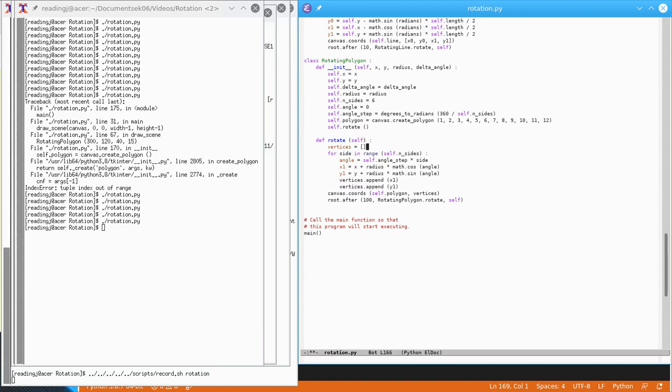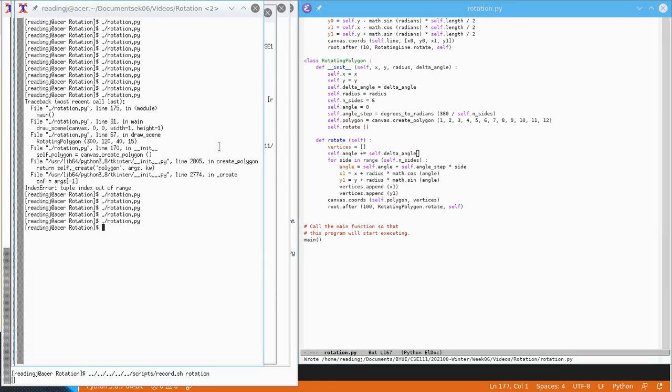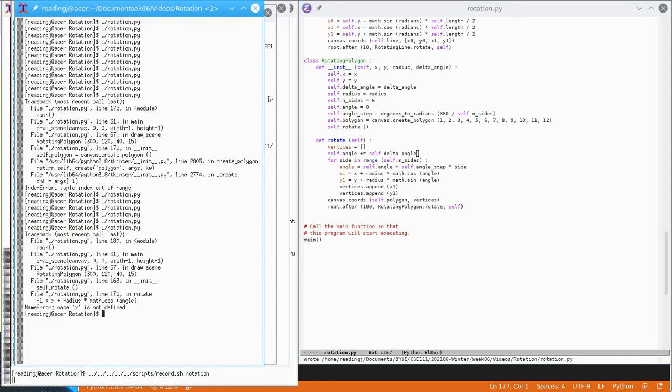Now we have the empty vertices. For side and insides, angle equals self.angle step, so it's self.angle plus self.angle step, and that will do the rotation. Oh, I need to remember to say self.angle plus equals self.delta angle, right? Let's see what that does.